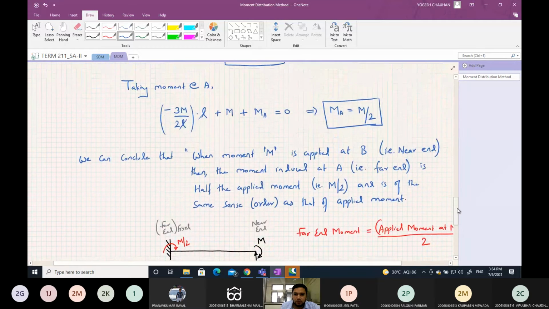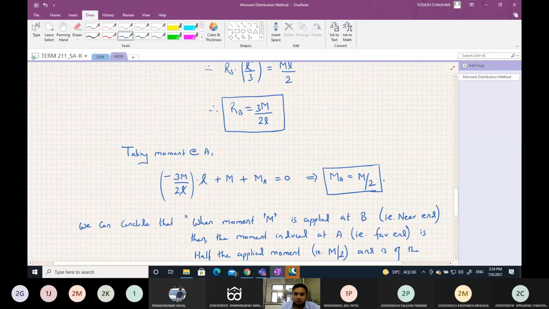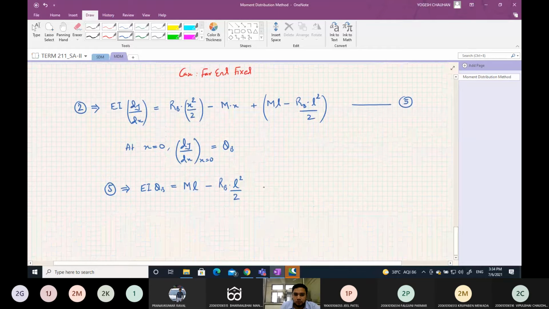Now what is RB? RB is 3m by 2L. So ml minus 3m by 2L multiplied by L square by 2.